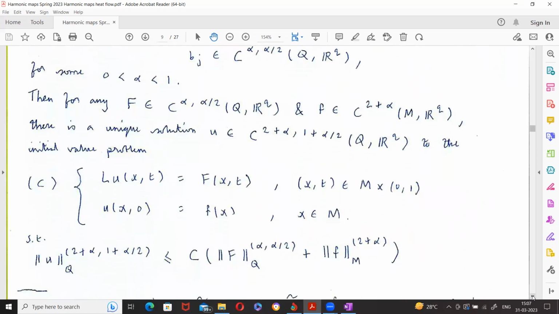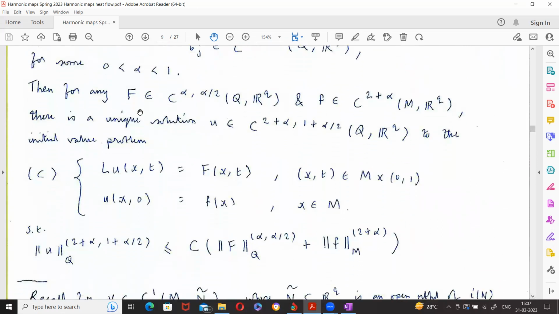Then the theorem says for any capital F in the Holder space alpha, alpha by 2 from Q to RQ, and for any map f which is C2 plus alpha from M into RQ, where 2 plus alpha means that it's C2 and the second derivatives are alpha Holder. Okay.